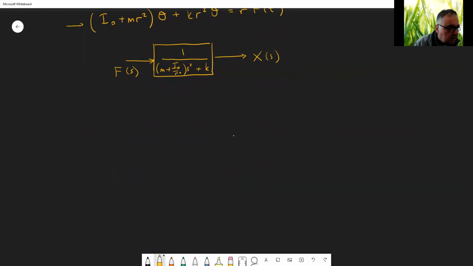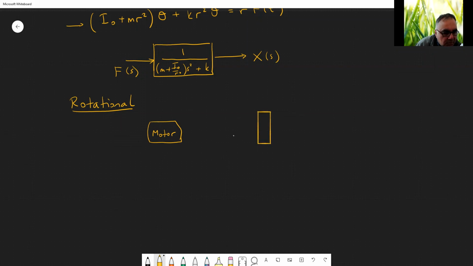Well, one more example, a rotational system. I'll just go through some examples. I think that is the best way. With a long shaft, let's say that you have a motor that drives the system, and you have an inertia that you rotate.